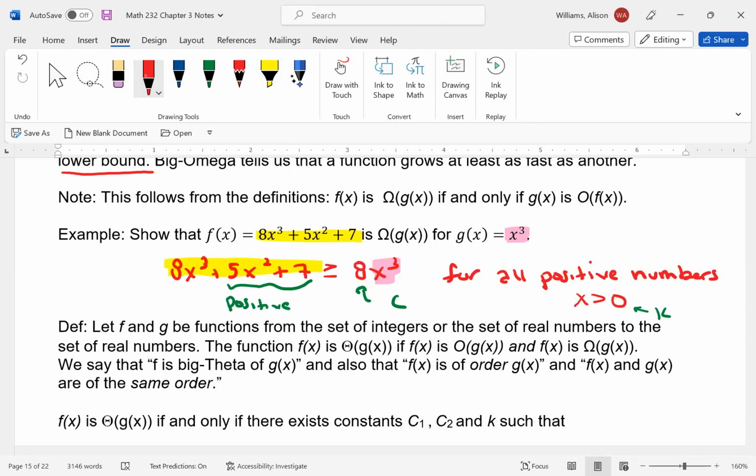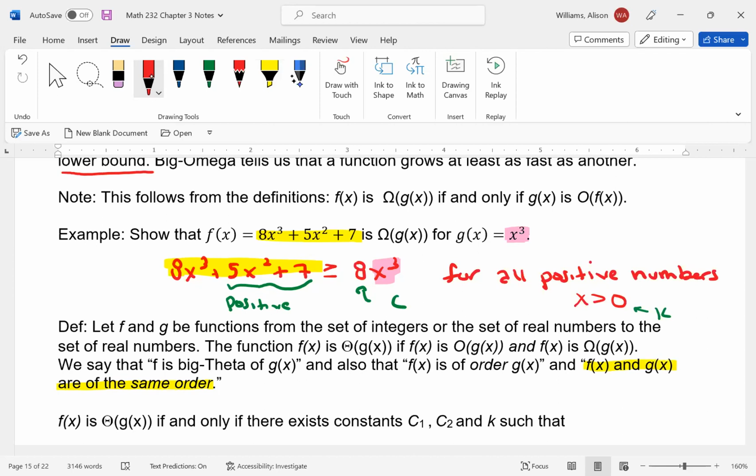We say that f is big theta of g of x and f of x is of order g of x. So I want you to see this phrase here: f of x and g of x are of the same order. That's a phrasing they're going to use in the last theorem, and I want you to be aware that that's tying to big theta notation when f happens to be big theta of g of x.